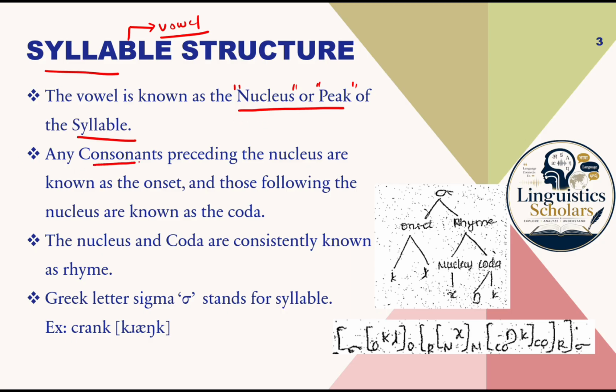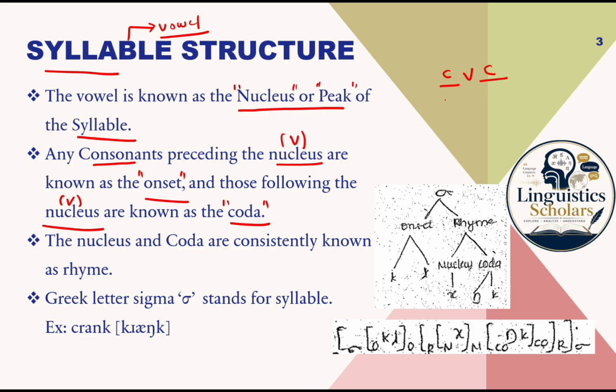Any consonants preceding the nucleus, I mean any consonant preceding the vowel, are known as the onset, and those following the nucleus, those following the vowel, are known as the coda.